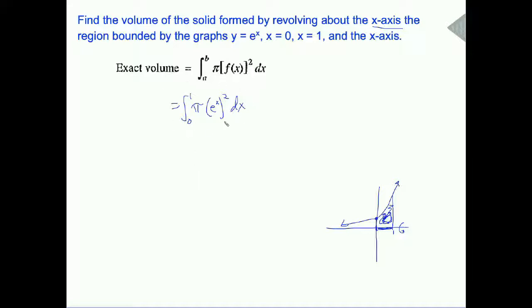And so that is the integral that will find us that. We can bring the pi out here from 0 to 1. This is e to the 2x dx, and we want to integrate that. So let's think through this. We've got pi, and then the integral of e to the 2x, but thinking through what we might have to change because of the chain rule, we probably need a 1/2 here.